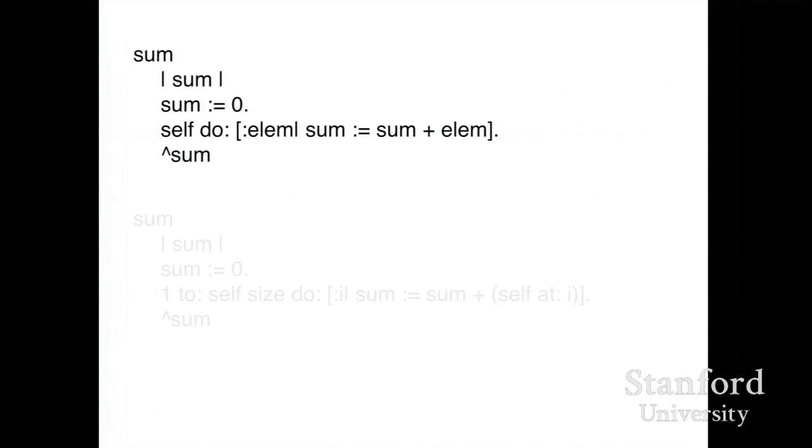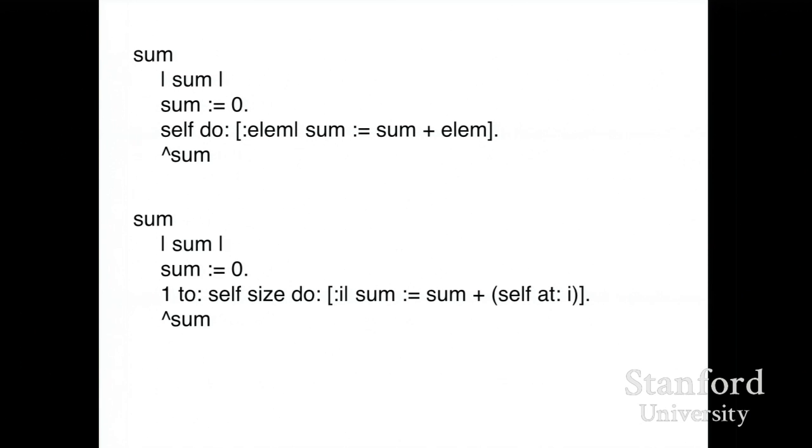But one of the lovely conveniences that we have in dynamic languages is that, sitting there looking at this, I could add another optimization. I could add another implementation of sum in a subclass. And so here's sum in a subclass which assumes that its instances are indexable with the integer indices from 1 to self-size.